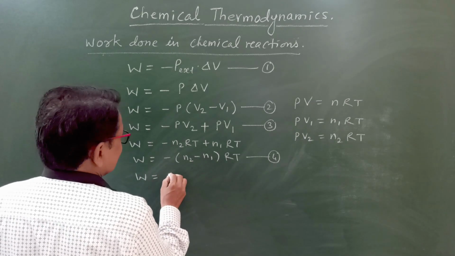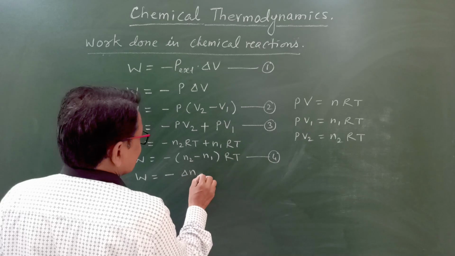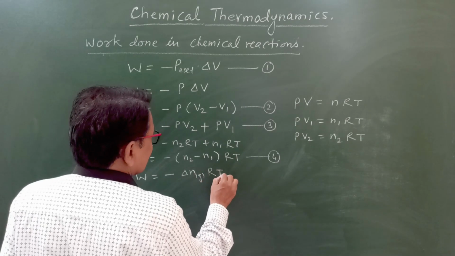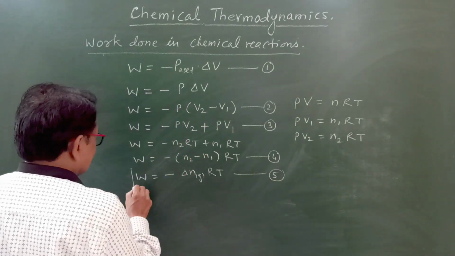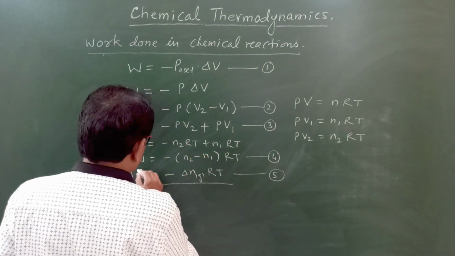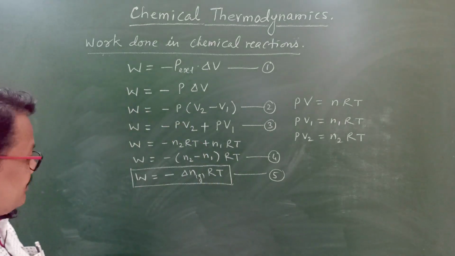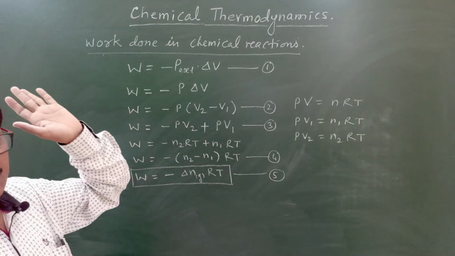So therefore W is equal to minus delta n RT, for gaseous substances, and this is the final equation. This is the simple derivation, or simple equation, for the work done in a chemical reaction when pressure is kept constant.